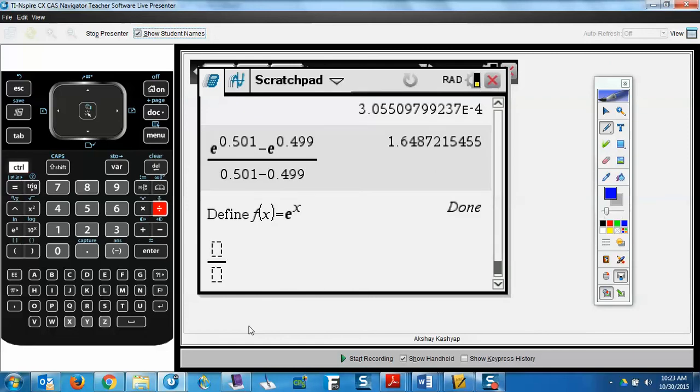Yeah. When you put that 0.501 in, go ahead and type f of 0.501. The only reason I know that is because, see, the e here is like a boldface, kind of a darker thing.